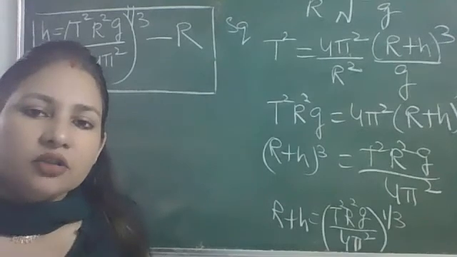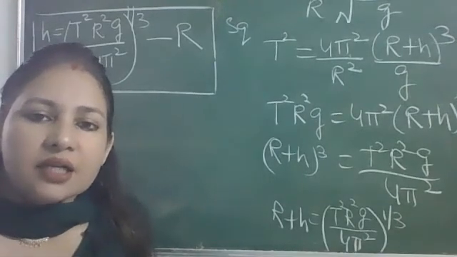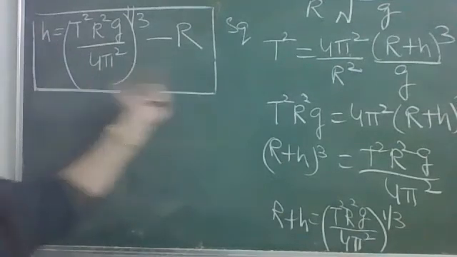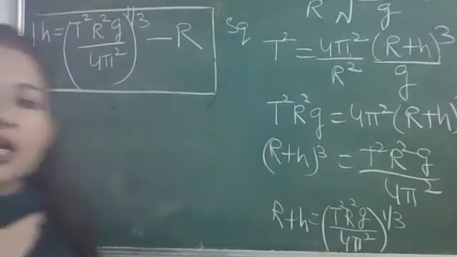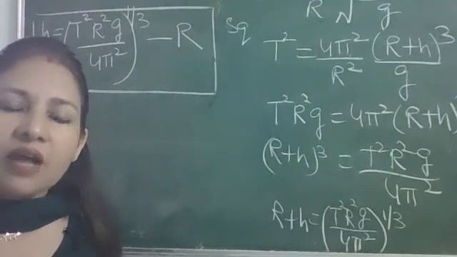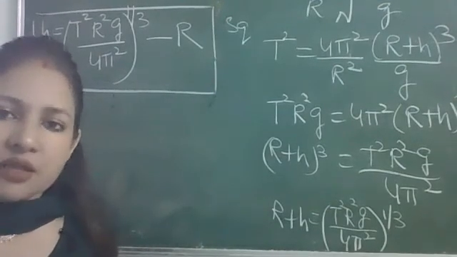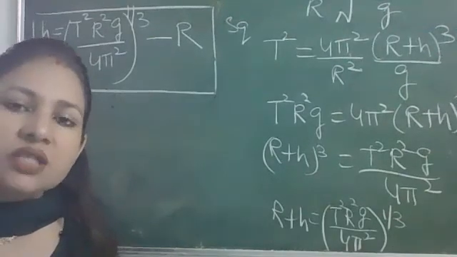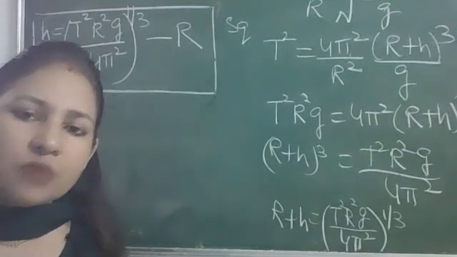Time period of revolution of a geostationary satellite is 24 hours. So we can calculate the height of geostationary satellites by putting t equal to 24 hours, but we have to convert hours into seconds first. So let us calculate the height of geostationary satellite, whose time period of revolution is always 24 hours.